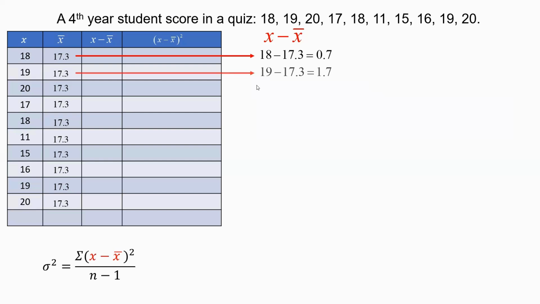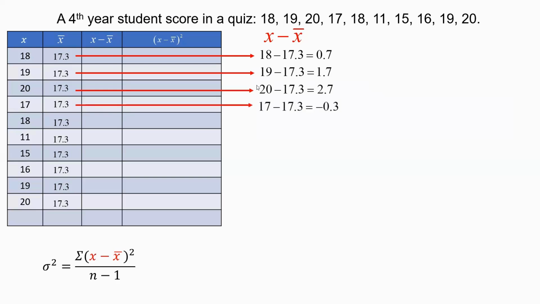On the second row, 19 minus 17.3 is equal to 1.7. Then 20 minus 17.3 is equal to 2.7. And 17 minus 17.3 is equal to negative 0.3. As you can see, we are going to have the x minus the mean.